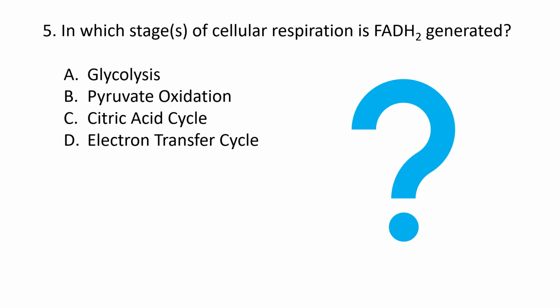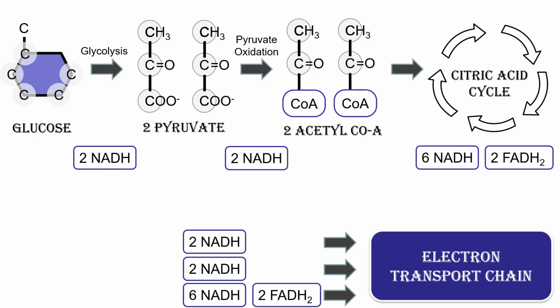Okay, question 5 asks, in which stage or stages of cellular respiration is FADH2 generated? And the answer is the citric acid cycle. If you think back to all of the stages of cellular respiration, we have glycolysis, pyruvate oxidation, the citric acid cycle, and the electron transport chain. The only time you will see FADH2 involved is the citric acid cycle.